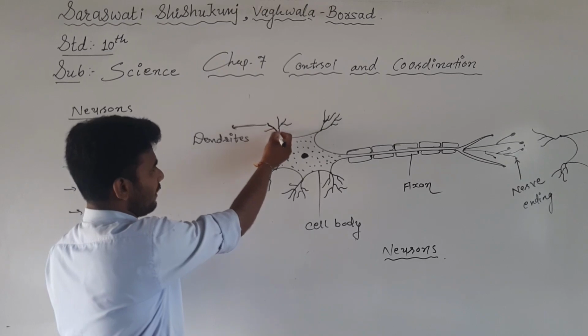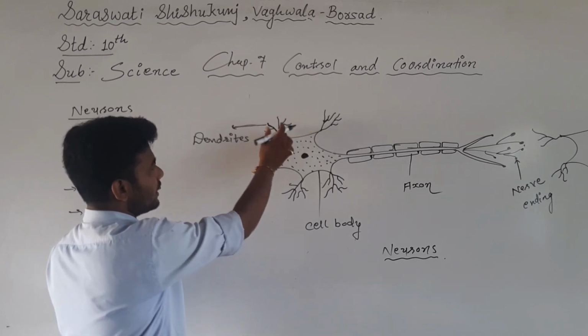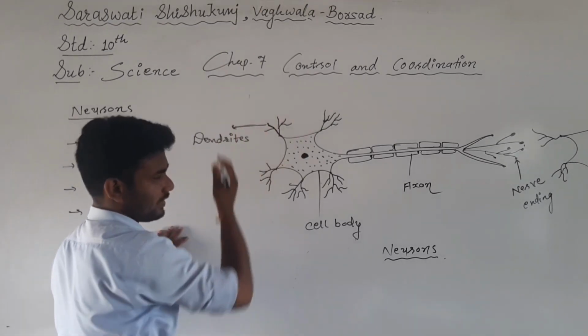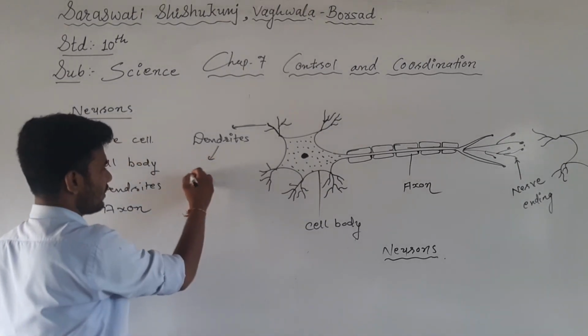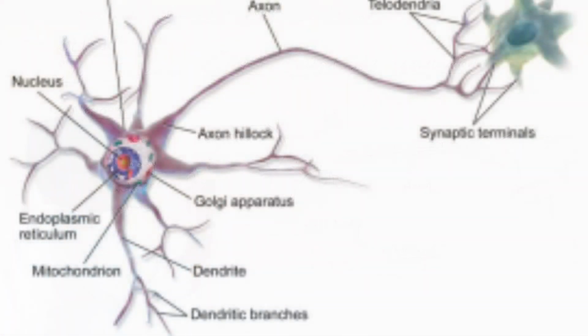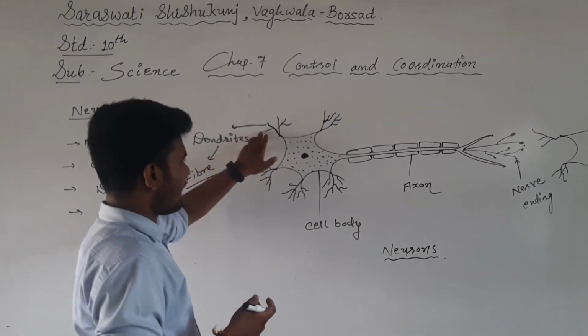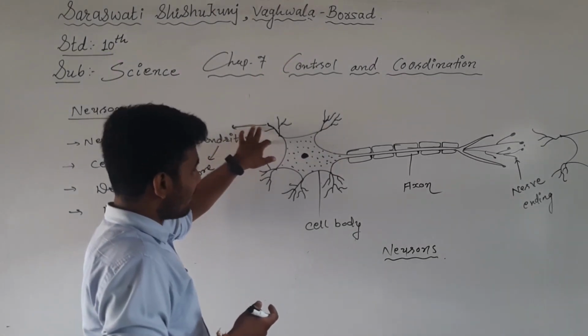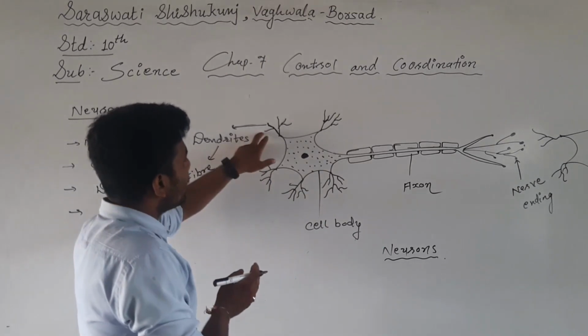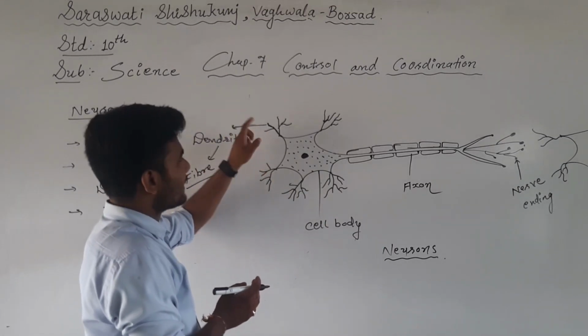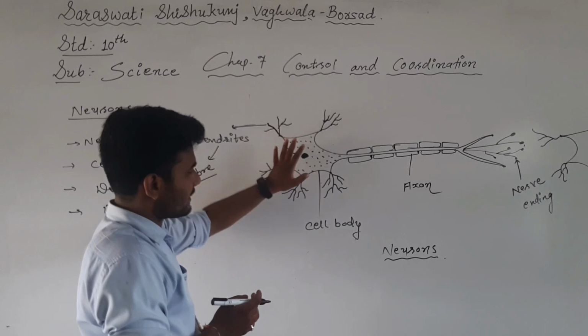The dendrites are a fiber-like structure. From the receptors, the message is conveyed to the dendrites. In the dendrites, an electrical impulse is created, and this electrical impulse is sent to the cell body.